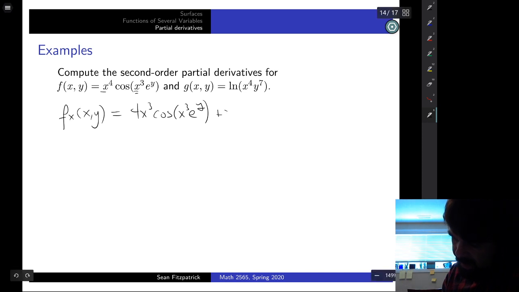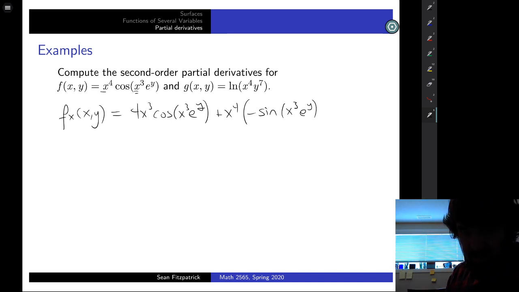Okay, so we have x to the 4 times the derivative of cosine, which is negative sine x cubed times e to the y. And then you still have to multiply by the derivative of the inside. Chain rule also still applies. But partial with respect to x means we ignore the e to the y.